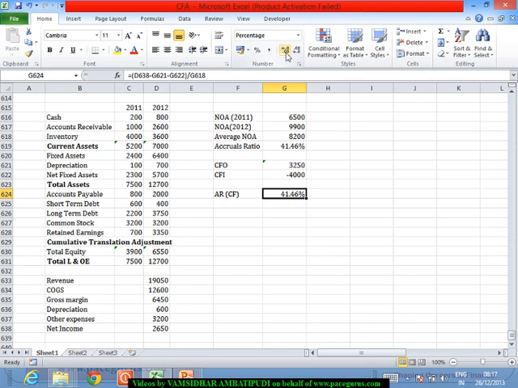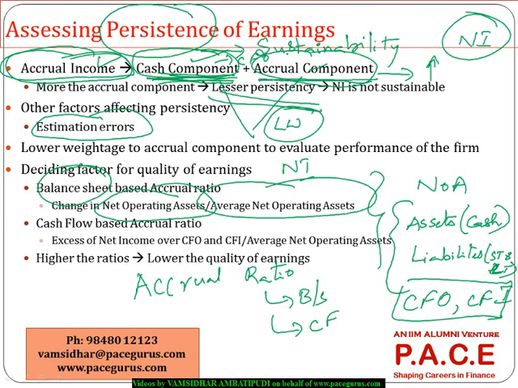So when I am doing it with the cash flow based method, I will subtract the cash flow from operations as well as cash flow from investments. Only cash flow from financing is left, because I can use the cash either for operating purposes or for investment purposes.